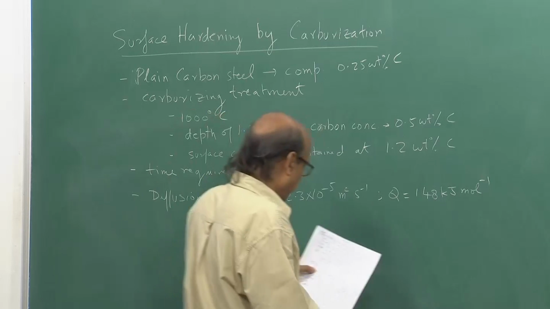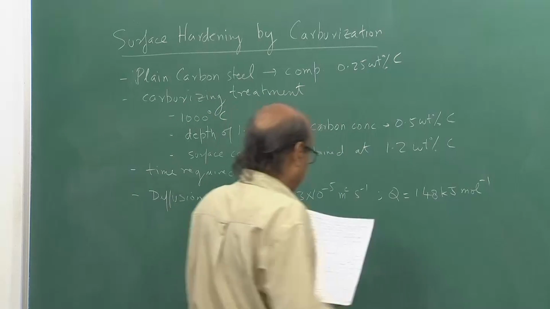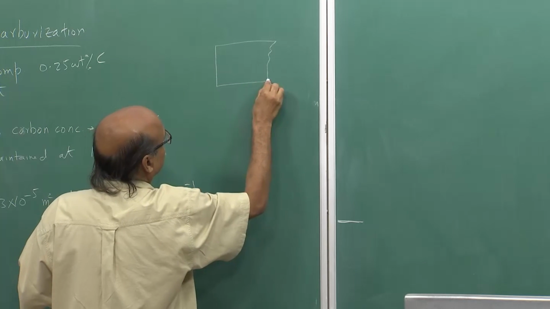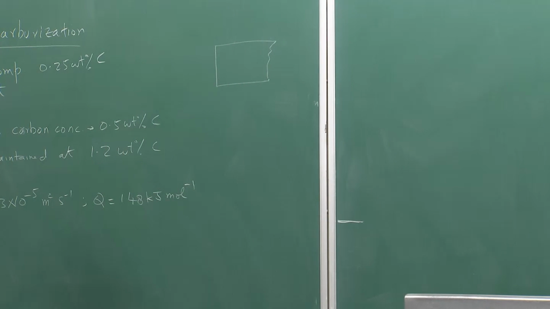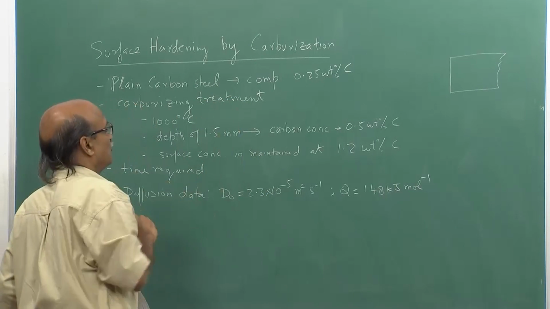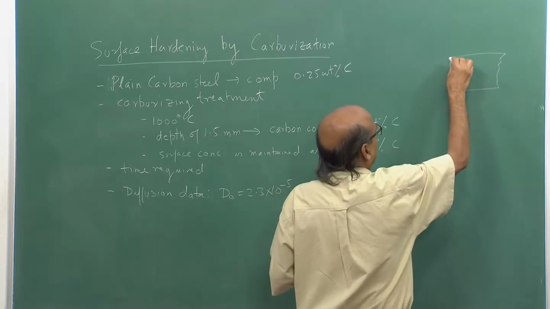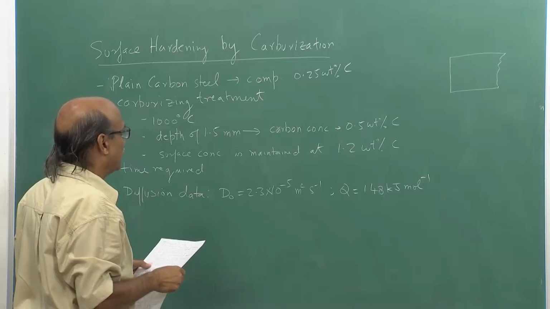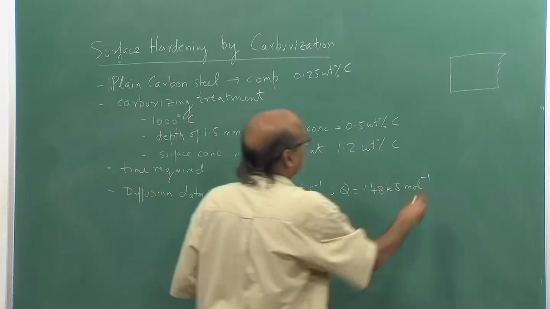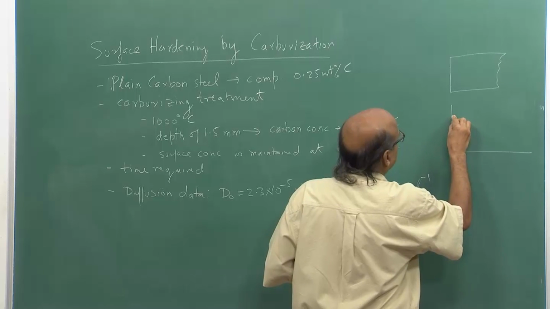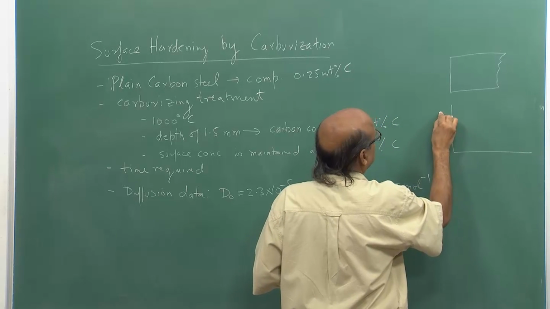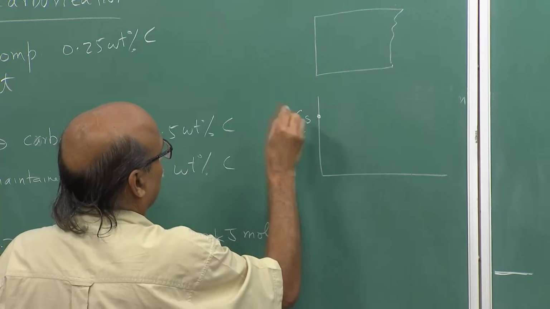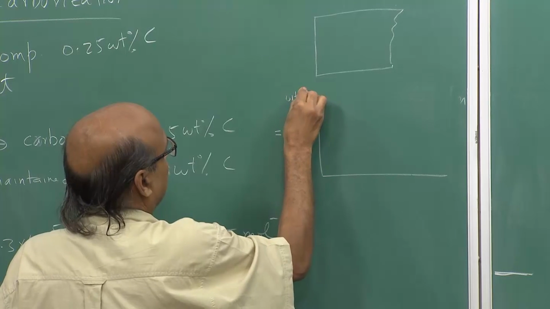So, let me illustrate this problem by drawing a diagram. I have a component made out of this steel of 0.25 weight percent carbon. The surface is exposed to an atmosphere of high carbon concentration, such that the surface concentration Cs is kept at 1.2 weight percent carbon.